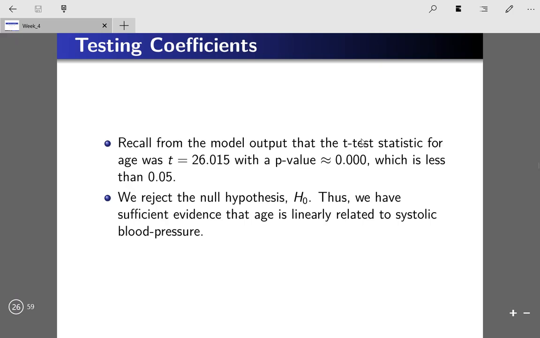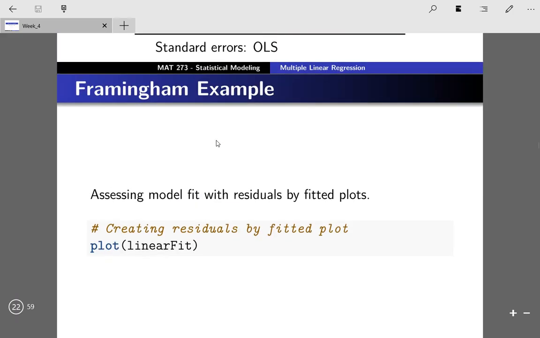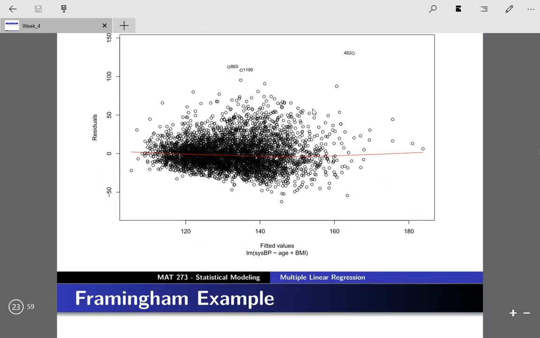Recalling back from the model output, if we scroll up, for age, the T-test statistic is 26.015, and it has a p-value rounded down to 3 decimal places of 0.000. Again, the p-value will never be exactly 0, but this is just rounded to 3 decimal places.